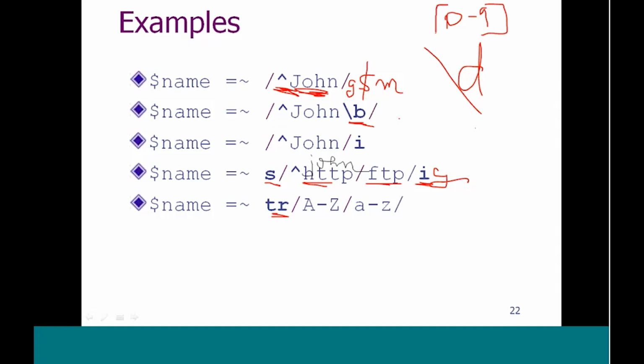So a shorthand notation for this is just backslash D. That is one character. If you add a plus, this becomes one or more characters. If you put a star instead of a plus, then that becomes 0 or more of those characters. So these are some of the nifty things that we can use for evaluating.